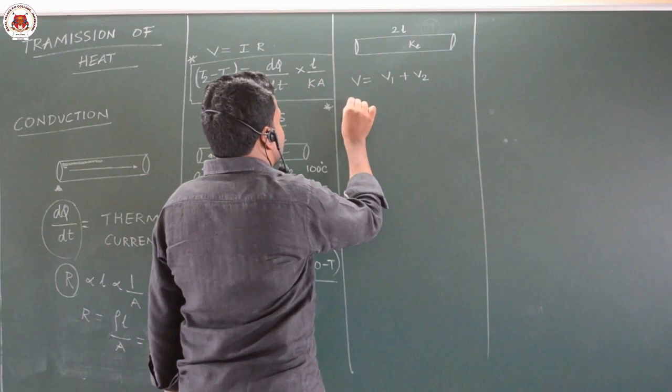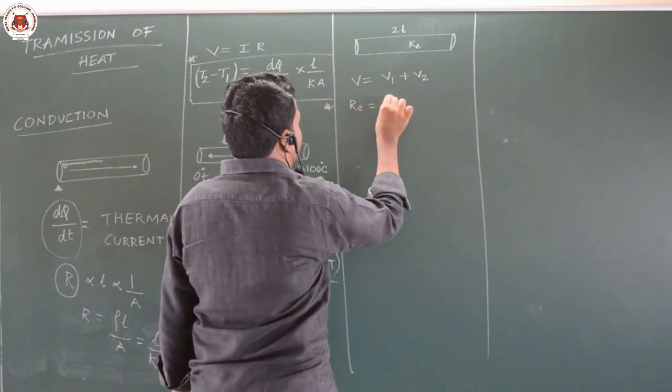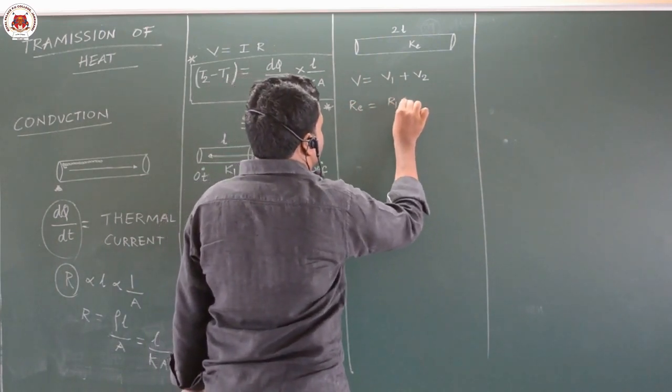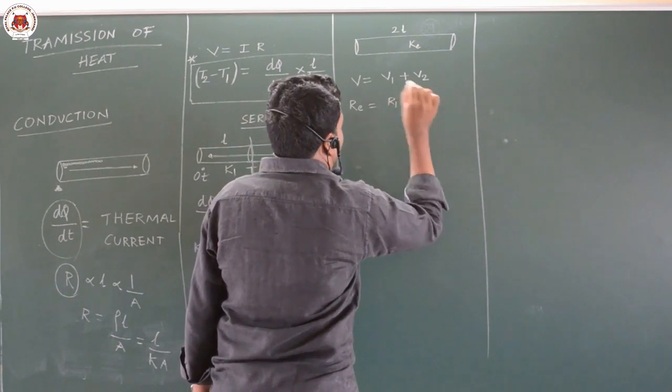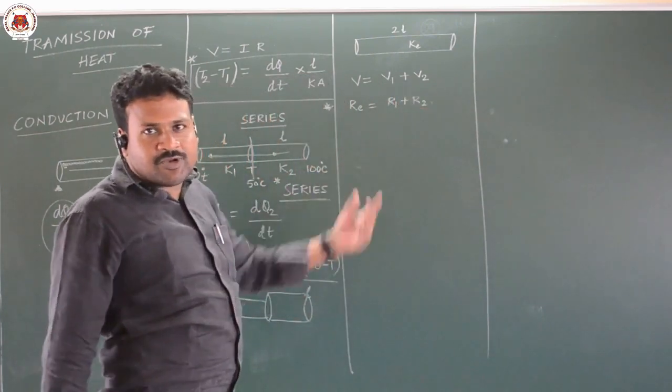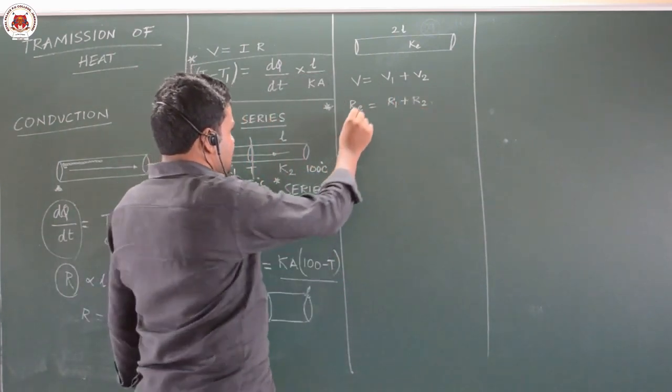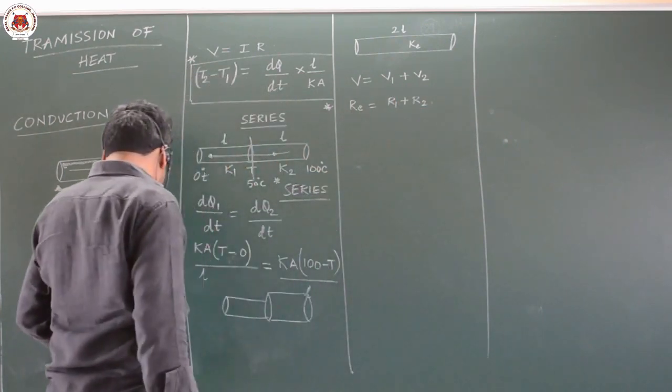Similarly, effective resistance is equal to R1 plus R2. This you already studied in current electricity. Even if you have PUC knowledge, you can write this formula. Now, R effective, the formula for resistance is L by Ka.